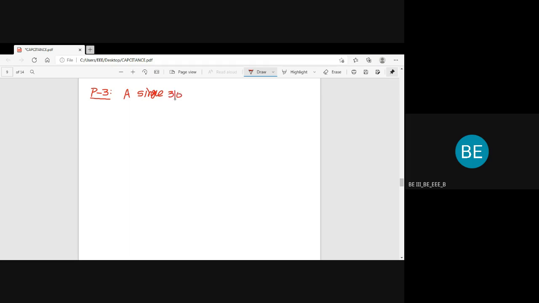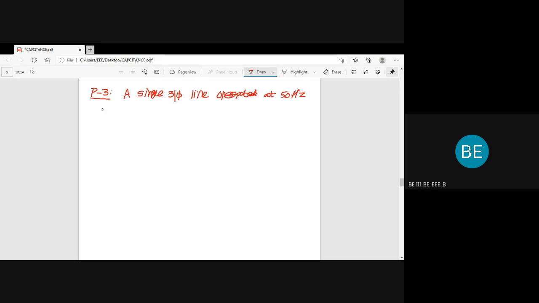three-phase line operated at 50 hertz, arranged as I will draw in the figure.